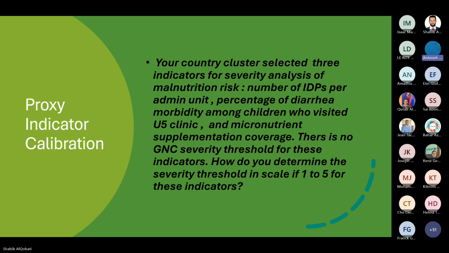Any response, please? You can write in the chat box. And we are also willing to give a chance for a couple of people to share their experience, because this is very important, especially in 2026, where we do not have sufficient data which will enable us to use the standard indicators.